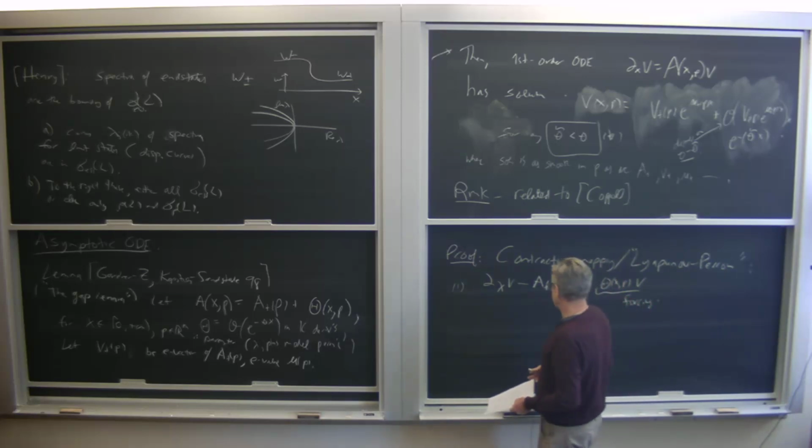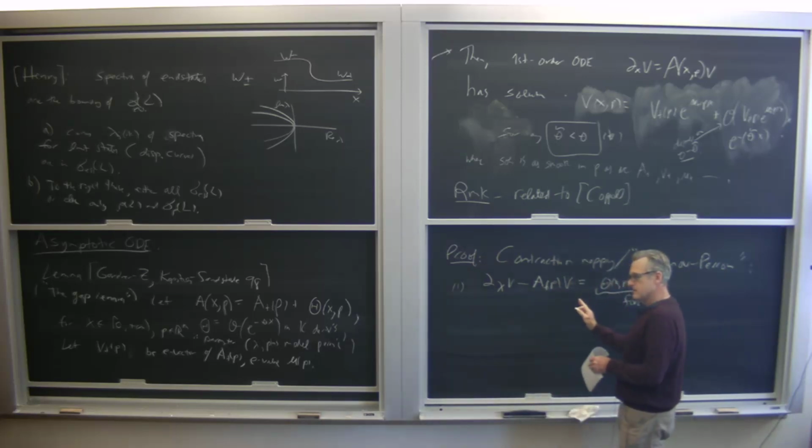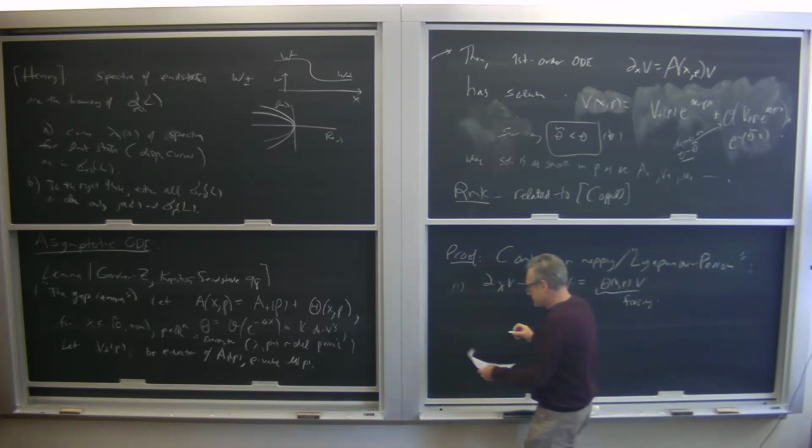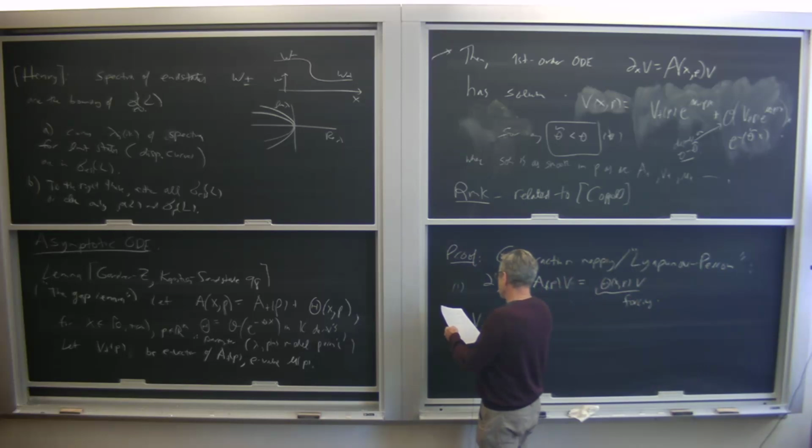That's Lyapunov-Perron. If you start at one point and treat the Cauchy problem, that's just variation of constants, I suppose. But if you do this, then I like the term Lyapunov-Perron.